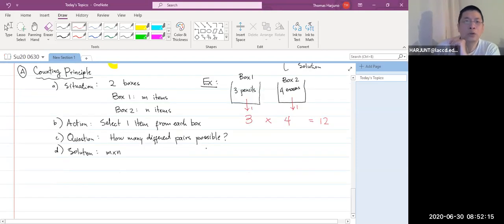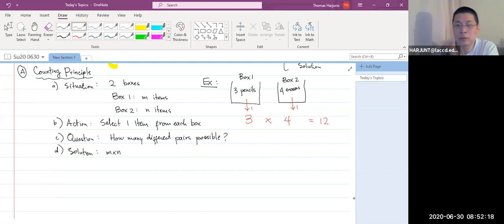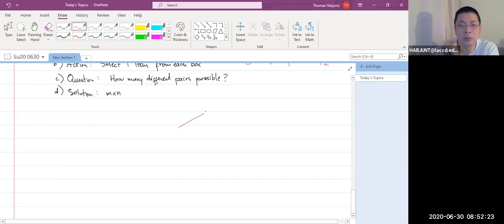Okay, now we can use some tree diagram to help us visualize this. Suppose I have 3 pencils, call this pencil 1, pencil 2, pencil 3. The first choice you make, you either get pencil 1 or pencil 2 or pencil 3 from the first box, and then for each pencil you selected, you go to box number 2, you have the option of selecting eraser 1, eraser 2, eraser 3, eraser 4.